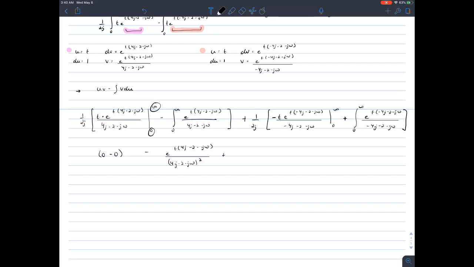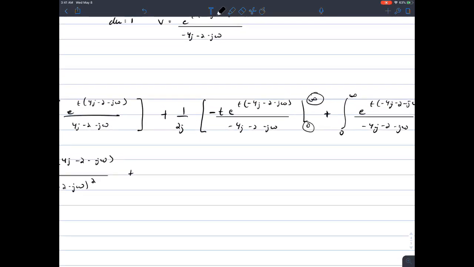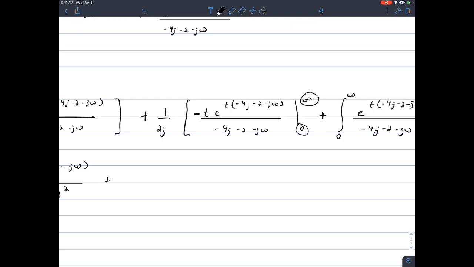Okay, plus, don't forget your 1 over 2j, plus, same thing here. Whenever you plug in either value, it's going to be 0, okay? And I'll just explain why. Yes, t would be infinity, but e to the negative infinity is going to be 0, so that cancels out.